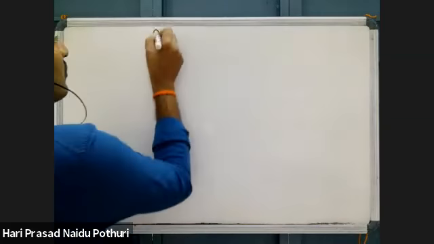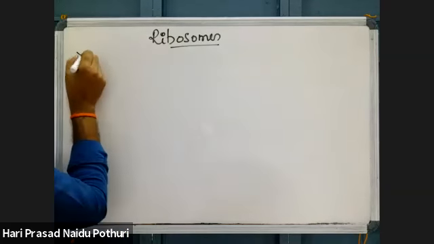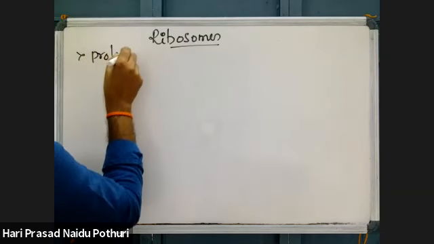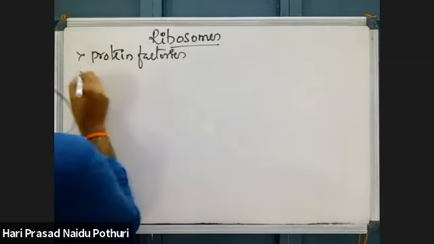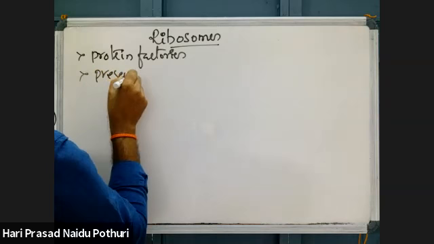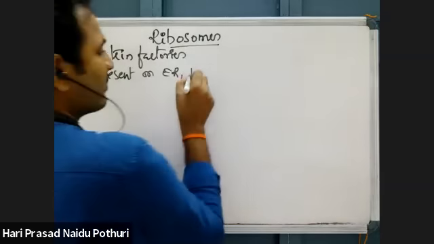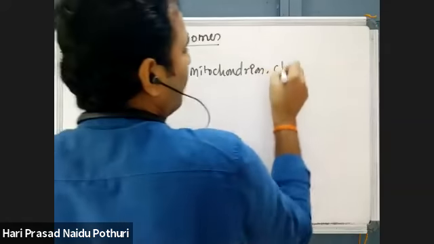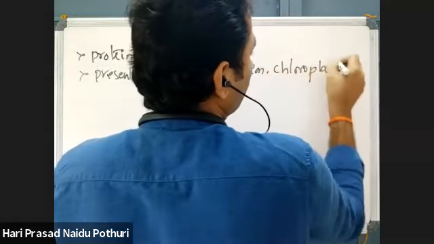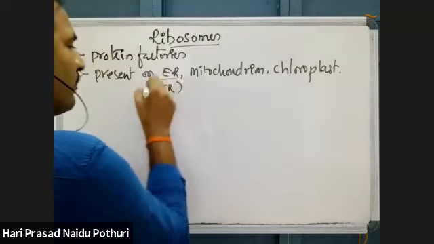Right. Then see next, structure of ribosomes. What are ribosomes? Ribosomes are called protein factories. Where are they present? They are present majorly on the endoplasmic reticulum. They are present in mitochondria and chloroplast also, but majorly they are present on the surface of the rough endoplasmic reticulum.